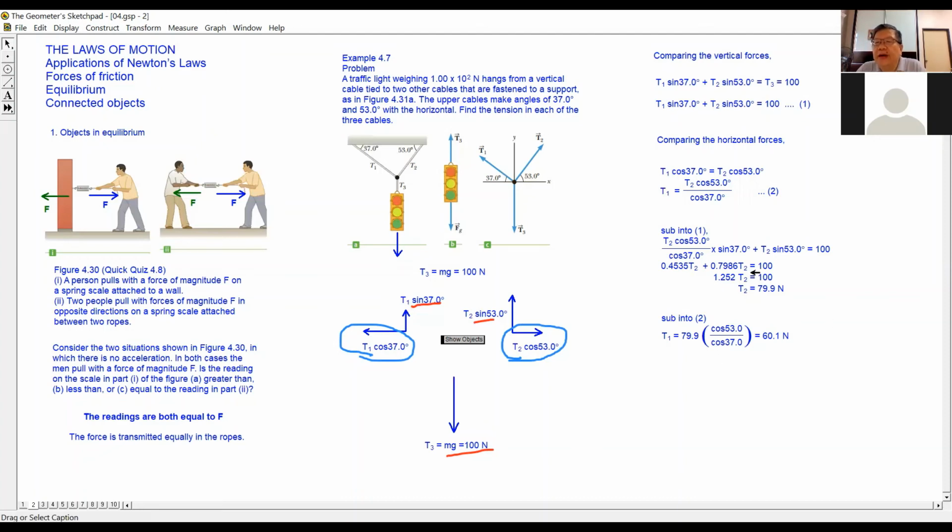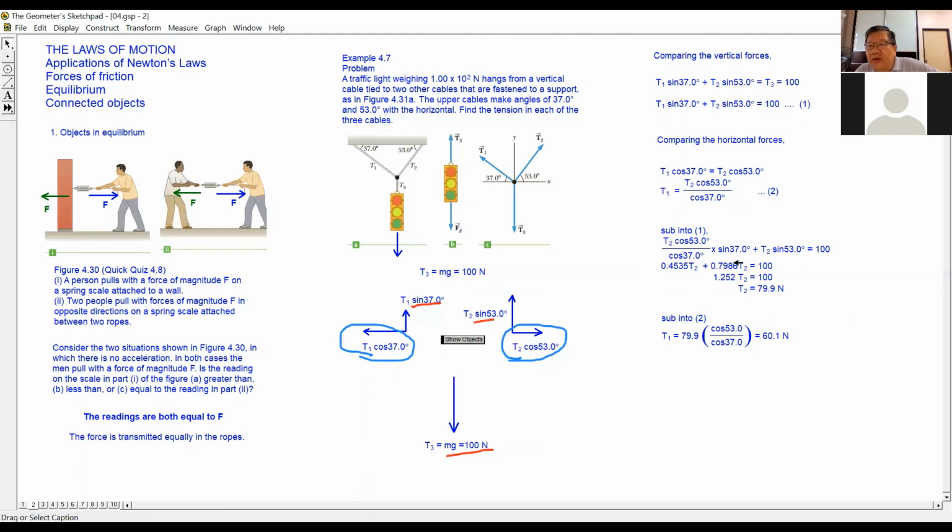Yes. Okay. So this T2 and the other one, T2 sine 53. Sine 53, is it 0.7986? Yes. Okay. So we add these two together because both of them are T2, so they can be added together.